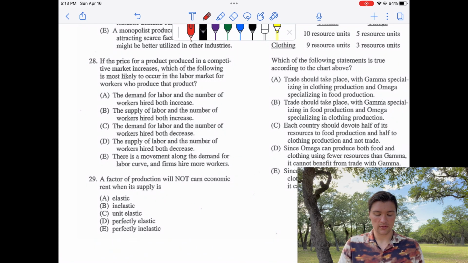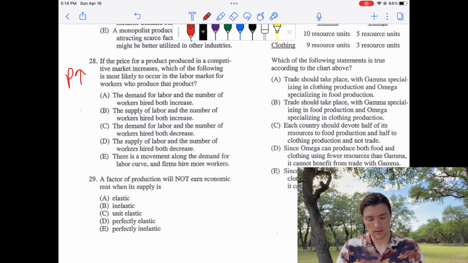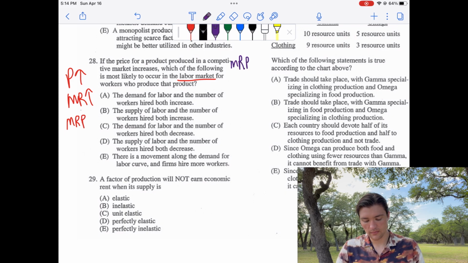Number 28. If the price of a product produced in a competitive market increases, which of the following will most likely occur in the labor market for workers who produce that product? So what happened here? Demand or price goes up. If price goes up, what happened to marginal revenue? It goes up as well. And because we're dealing with the labor market, we're dealing with the MRP. Remember, MRP is your marginal revenue product.